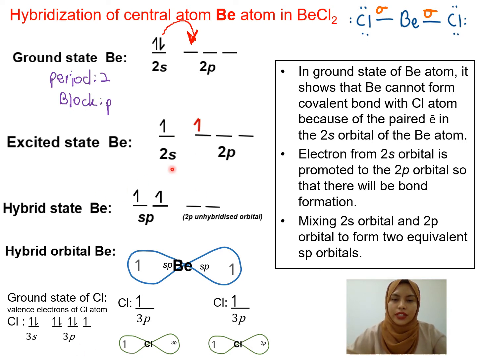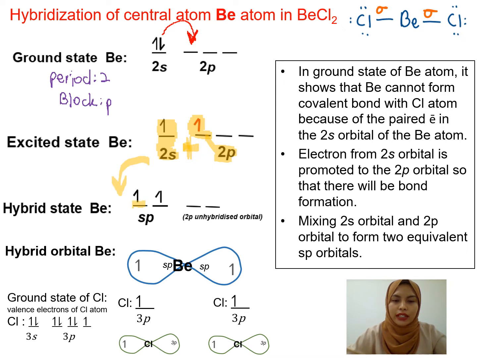Okay. So now how sure are you that the hybrid state of Be is sp? It is because of the single electron in the 2s orbital of Be, which mixes with the single electron in one orbital of 2p. One plus one gives 2.